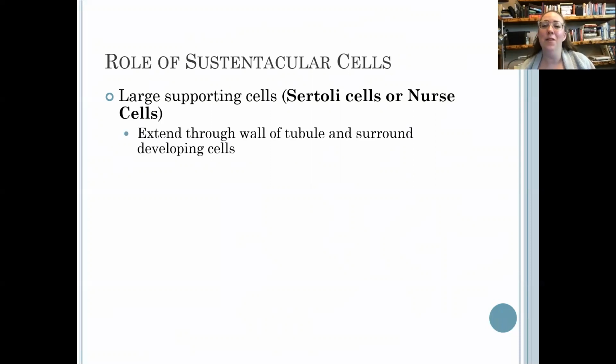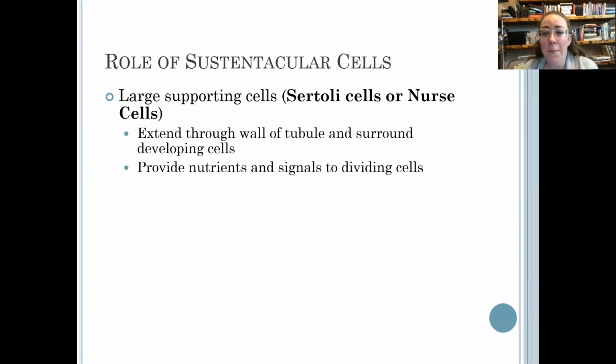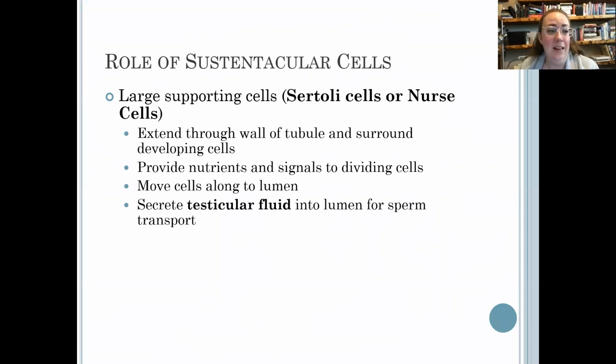But they make up the walls of the seminiferous tubules, and they surround the developing spermatids. So their job is to provide nutrients, like they're nursing these developing spermatids. We think of it that way. So they provide nutrients and signals to those dividing cells, and they help those cells move toward the lumen as they develop.